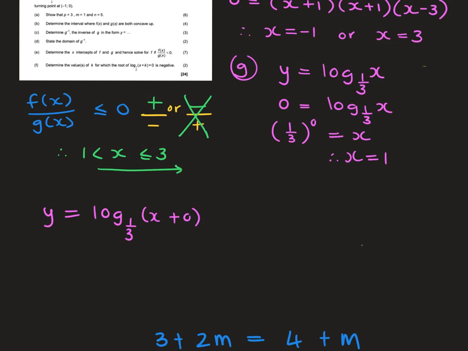What do you notice? What's happening here in the bracket is linking up to the asymptote for the log graph. So for example, if I had something like y equals log base a third of x plus 2, the asymptote here would be at x equals minus 2.